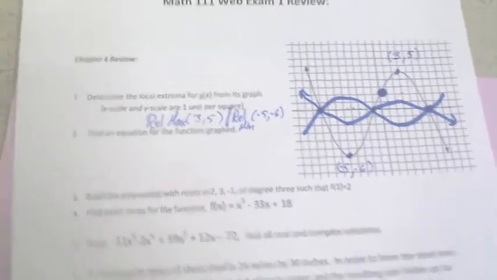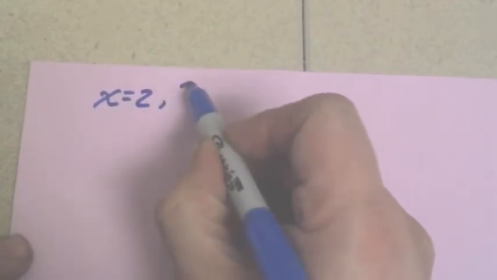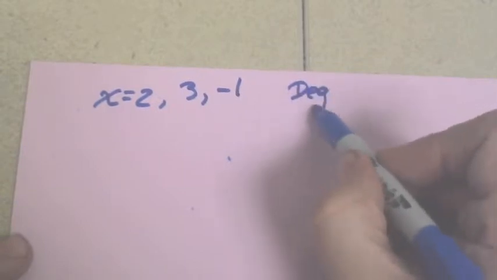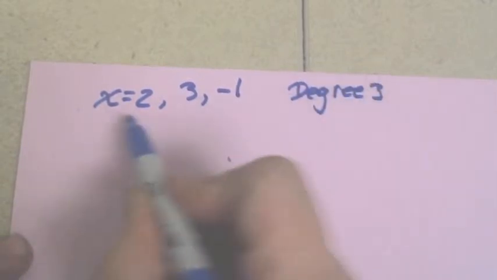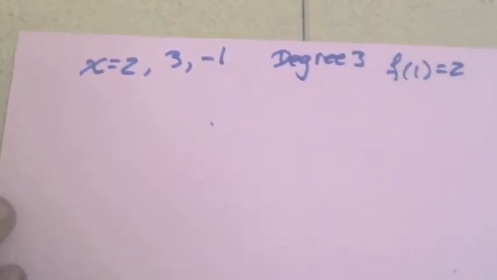Number 3 is actually a very, very similar problem. This is the other kind of look for that problem. Given that you have roots at x equals 2, 3, and -1, you want a degree 3 polynomial. It's got 3 roots, so that makes sense, such that f of 1 is equal to 2.